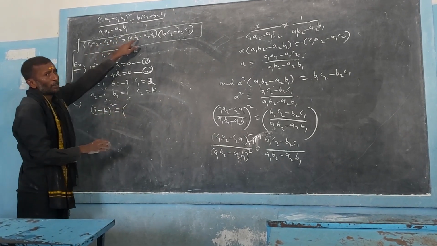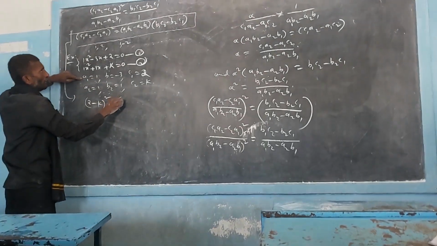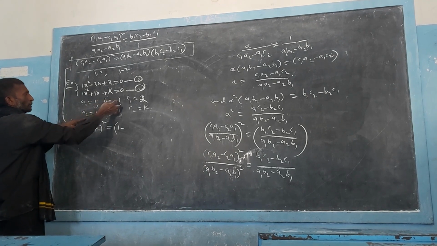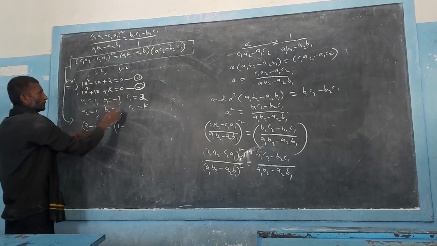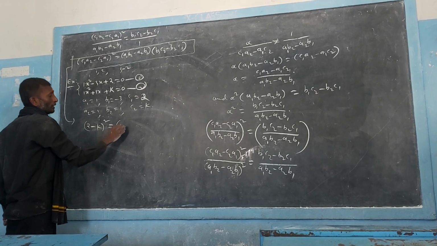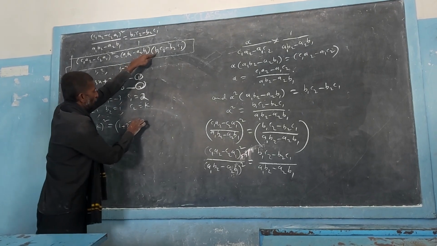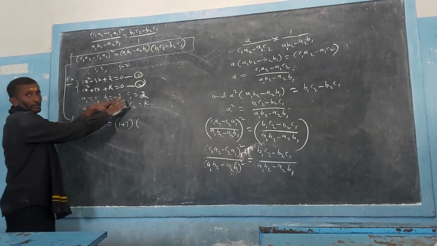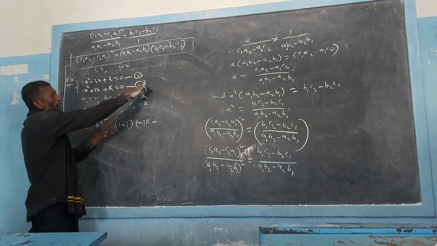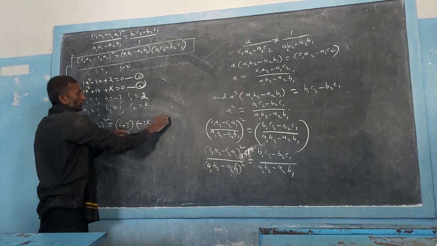It equals a1 b2, 1 into 1, that is 1, minus a2 b1, which is 1 into minus 3, minus minus 3, which becomes plus. And b1 c2, minus 3 into k, minus 3k, minus c1 b2. Multiply these out together.